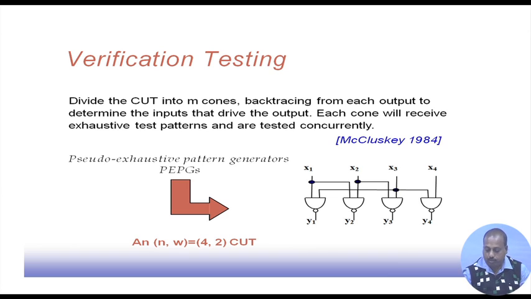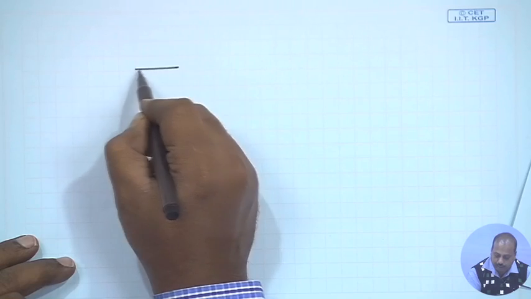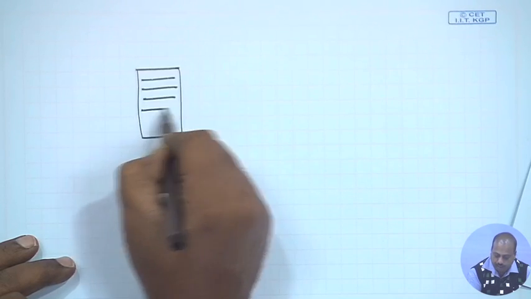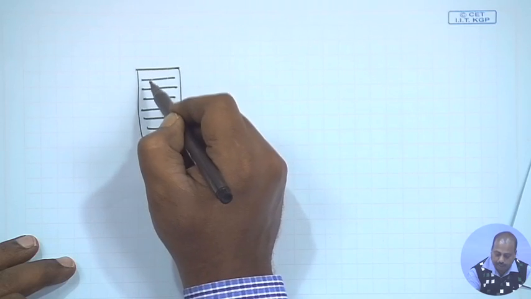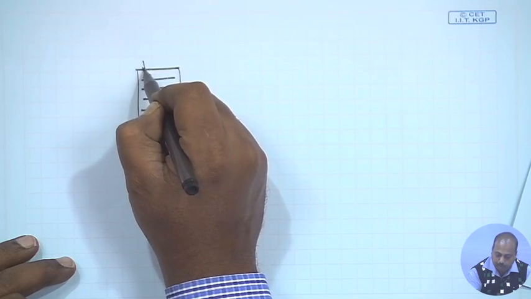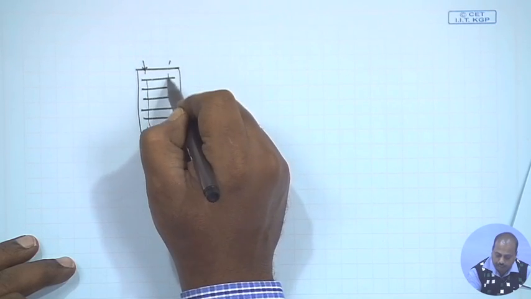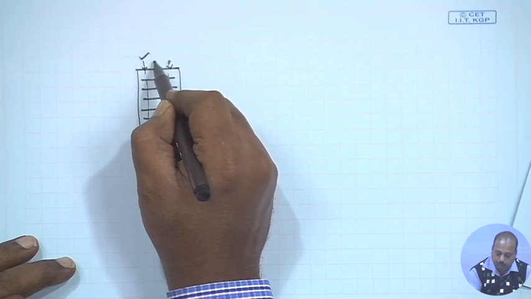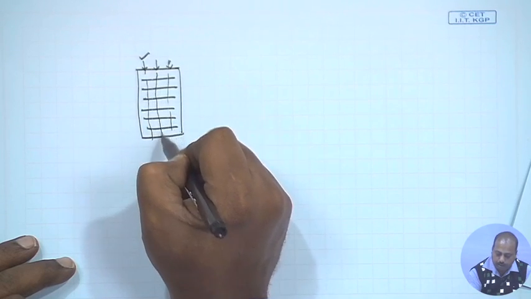So what is happening is that I have this test pattern set. In this particular circuit, if you pick up any two positions, say this position and this position, it is exhaustive there. Similarly, if you pick up this position and this position, there also it is exhaustive.